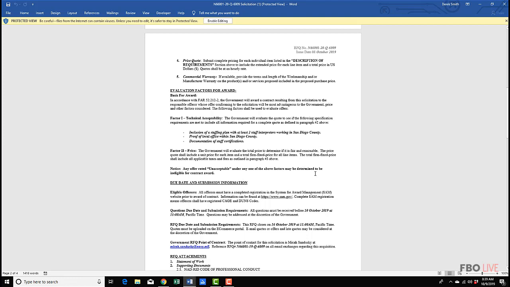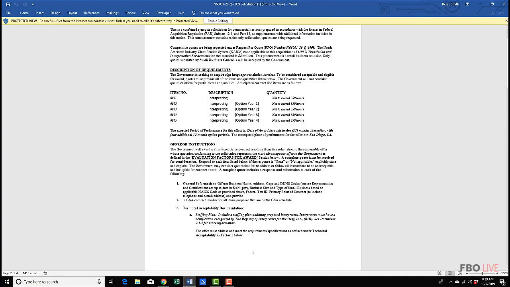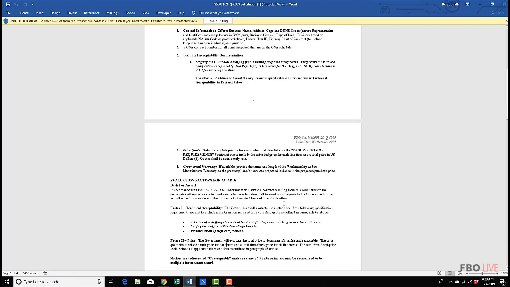The price shall include a unit price for each item and a total firm fixed price for all line items. The total firm fixed price shall include all applicable taxes and fees. So it's not super clear to me what I would do, since they did give us a bit of this layout, but they haven't given us a table.